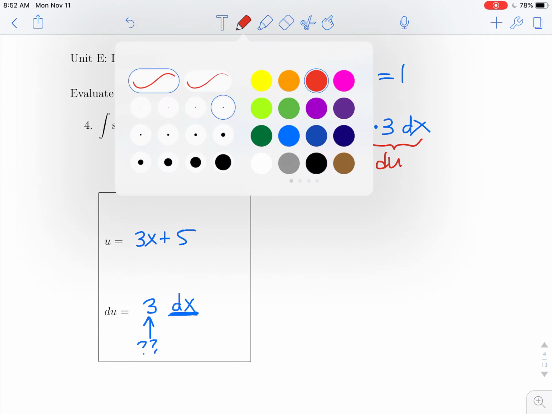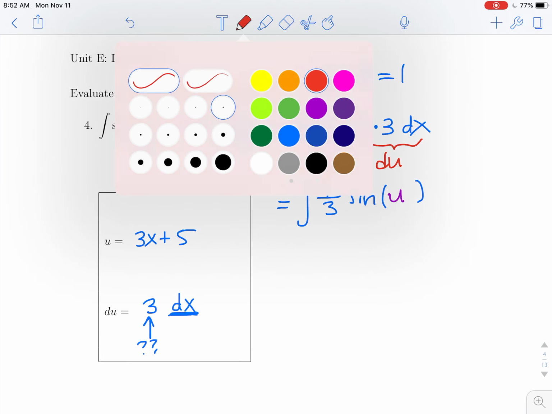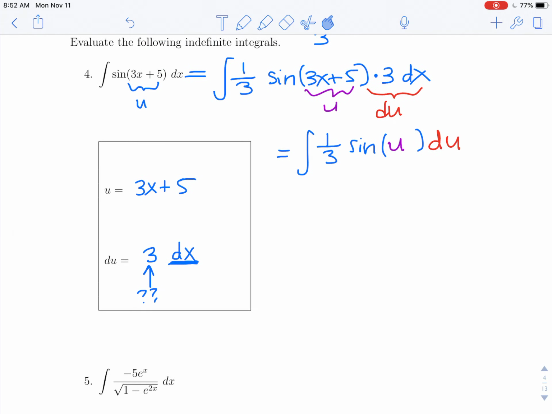And so when I do the substitution, I have the indefinite integral of 1/3, and yes, you do have to keep that 1/3, sine u du, which again looks way less complicated than what we started out with. The 1/3 is maybe not great, but at least we know how to deal with it.